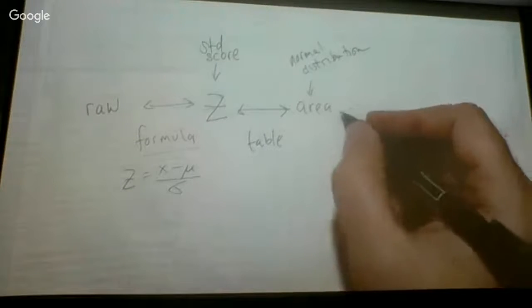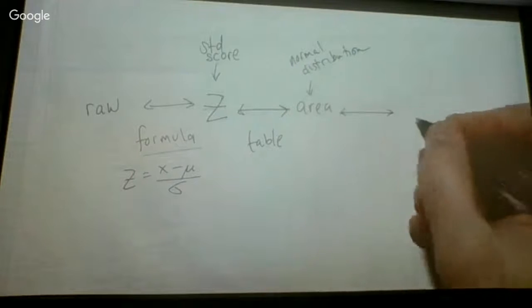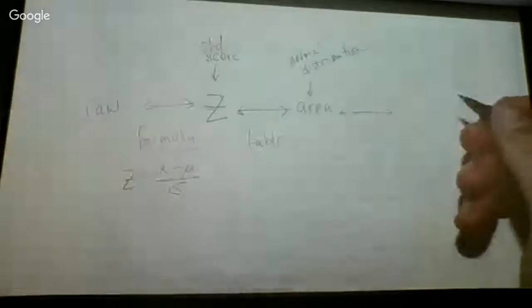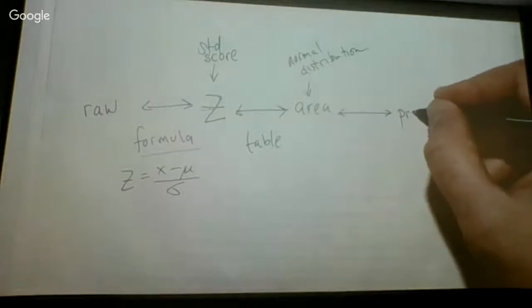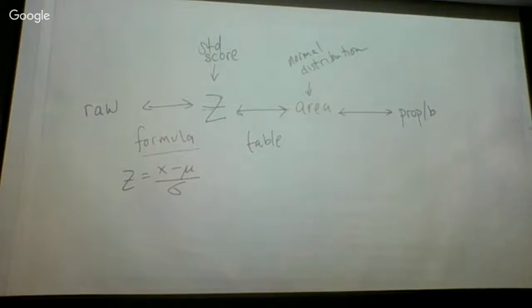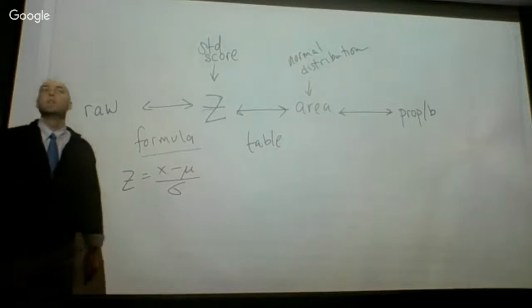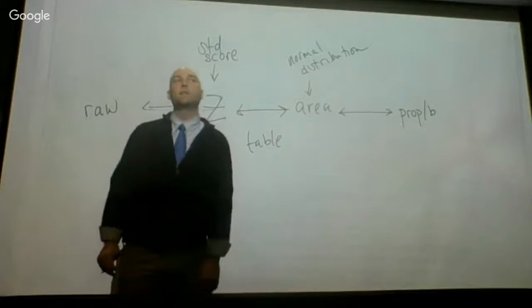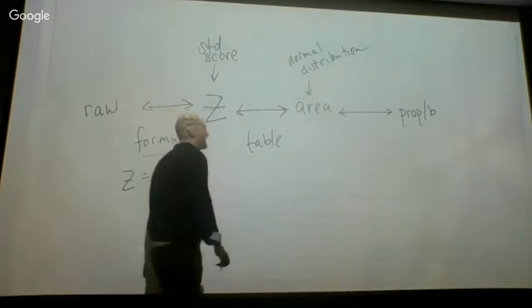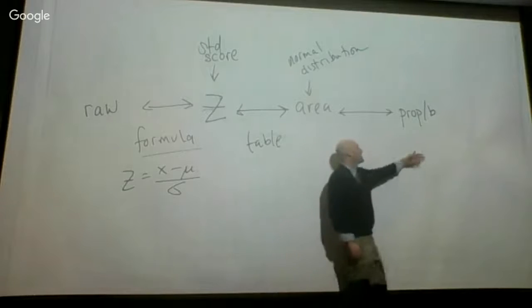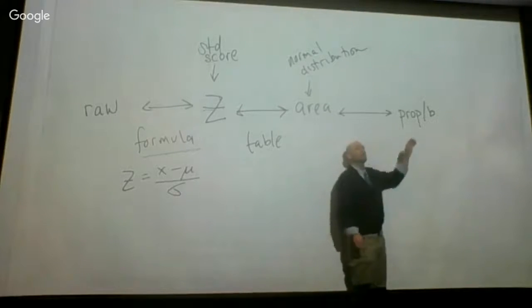And lastly, we have to be able to use whatever areas our table can provide in order to come up with a proportion, probability, or percent that may be asked for in the question. So in the question, it might say what probability or what proportion. Remember, what is the destination? In this case, if it says what proportion falls between two values, proportion is the destination.